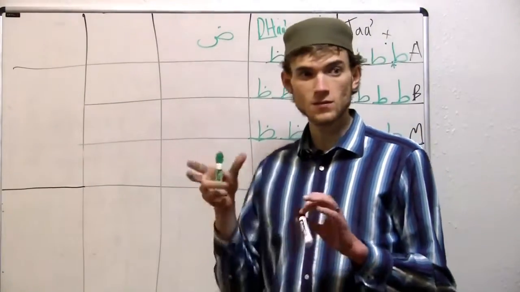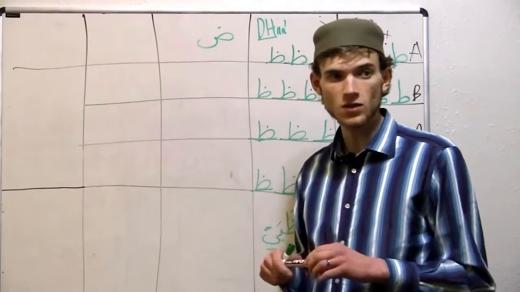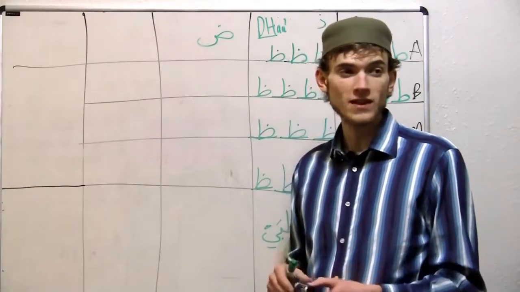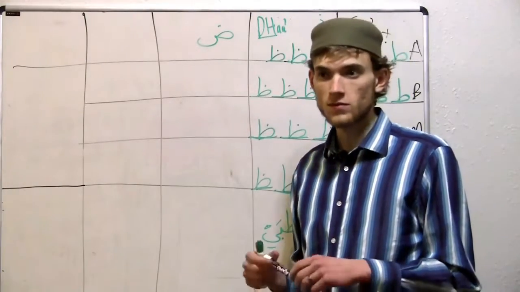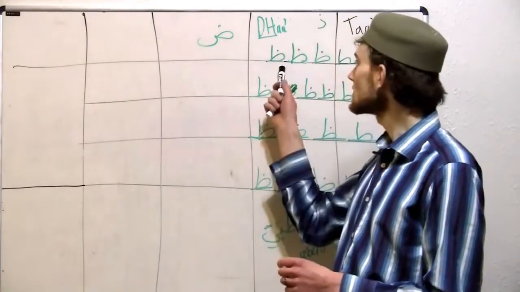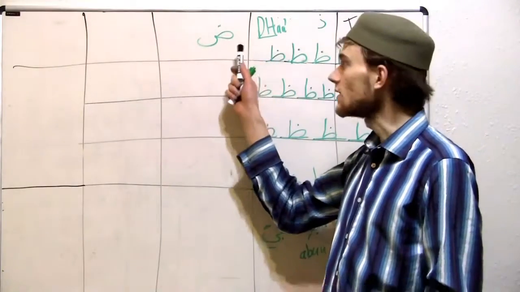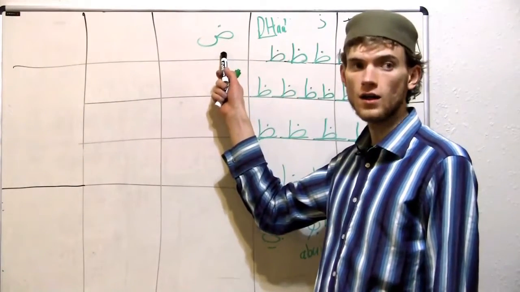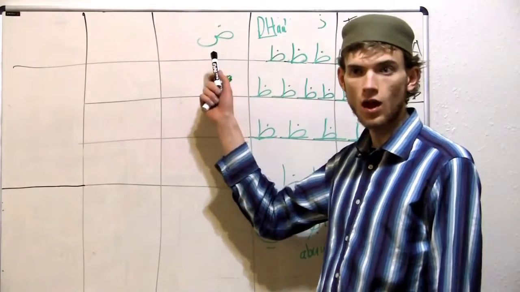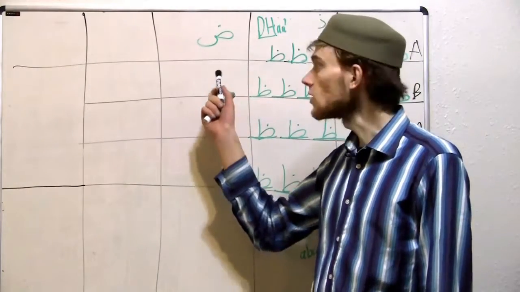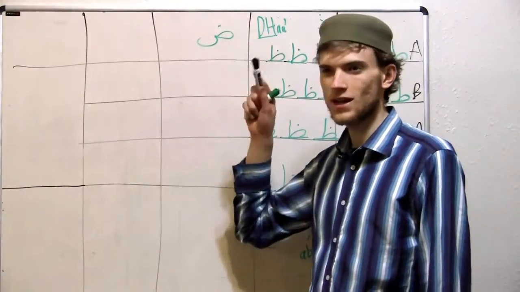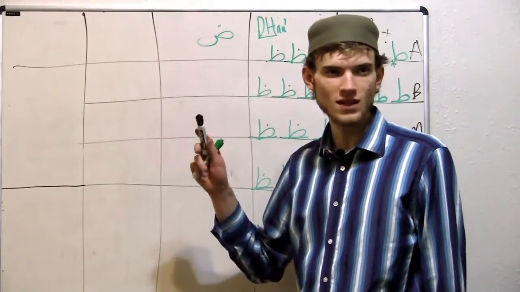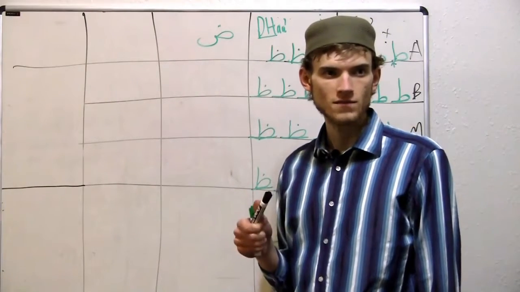Sometimes native Arabic speakers pronounce these similarly, either both of them like ba, or sometimes both of them like za, or both of them like va. Whereas this is dha, and this is dad, right? Closer to an English D than anything else, right?